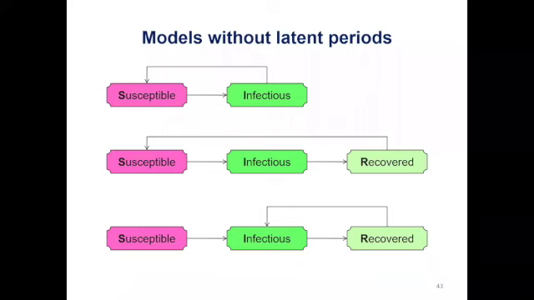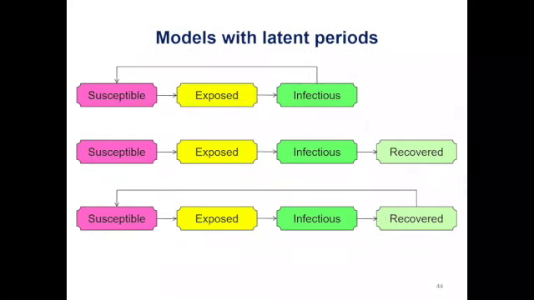And then you have the SIRI compartmental model. But then when you introduce these latent periods, these incubation periods, you have additional compartments called exposed. People who have been exposed to the disease, but they are not infectious themselves. They wait in that compartment for a certain time period before they move into the infectious compartment.